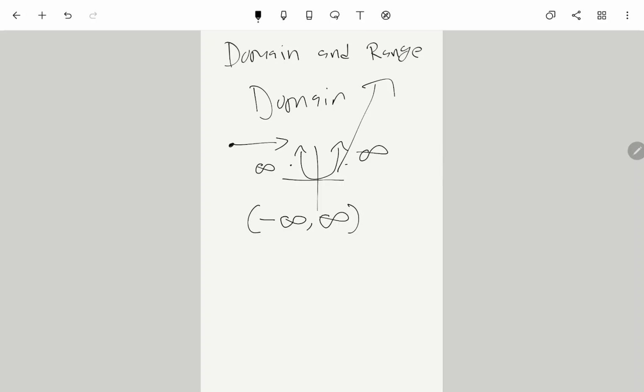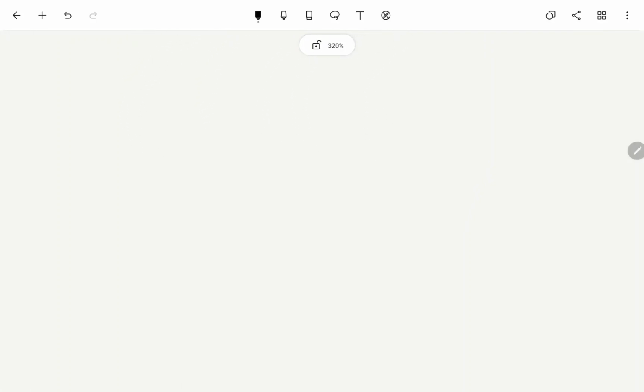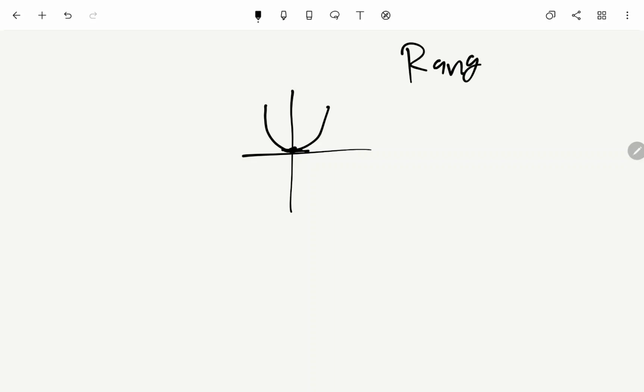Now in range, for example, the same graph like this, but with an intersection like a 1 here. That means the range is read down to up.